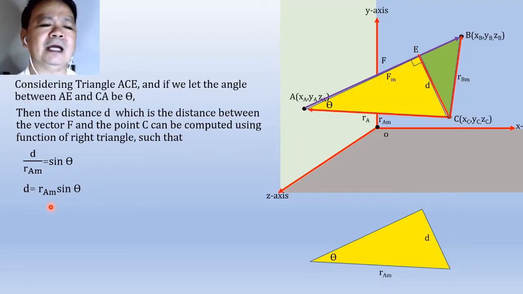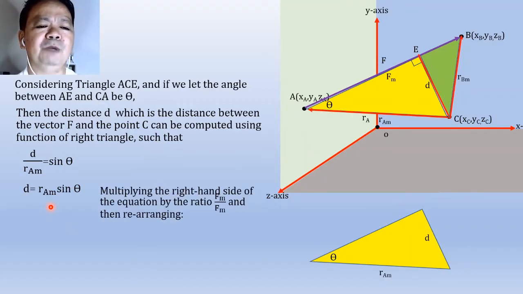Now, if the right-hand side of the equation is multiplied by the ratio of F sub m over F sub m, since this is equal to 1, nothing will change in this equation. So the equation becomes D equals RAM sine of theta times the ratio of Fm over Fm. There seems to be nothing changed in this equation.